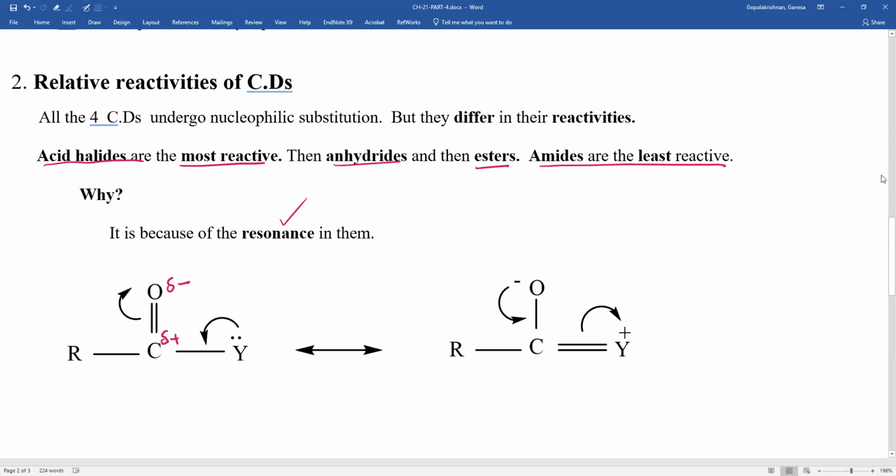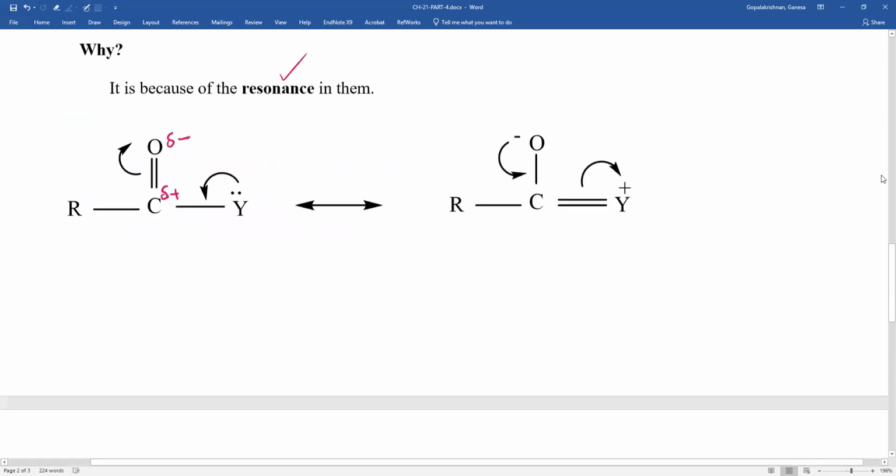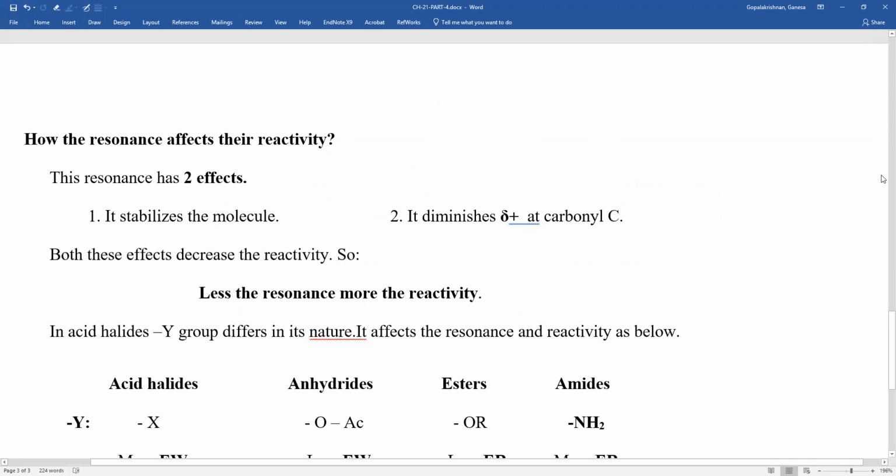So the resonance has two effects: it stabilizes the molecule, and it diminishes the partial positive charge of the carbonyl carbon. Both of them decrease the reactivity. More stable molecules are less reactive. If the positive charge of the carbonyl carbon is less, its reactivity is less.